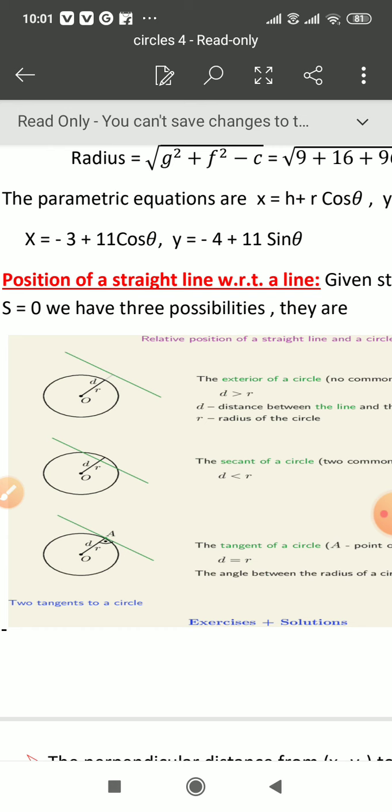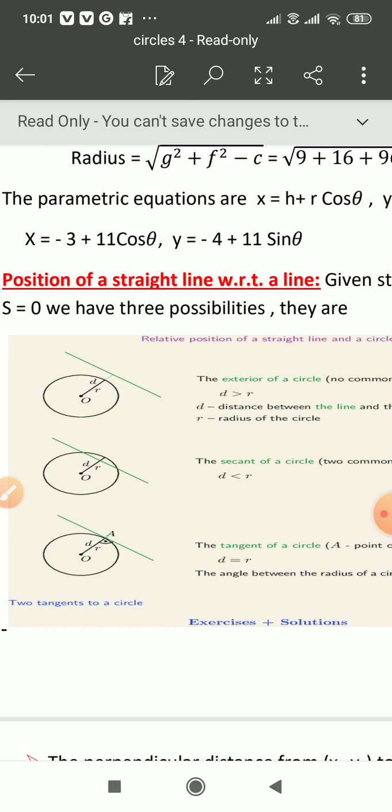Okay. Once again, a line is a tangent to the circle if and only if the perpendicular distance from the center to the line is the radius. The distance means perpendicular distance, you observe. If and only if means from left to right or right to left.